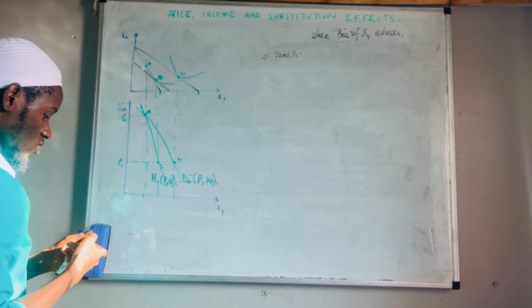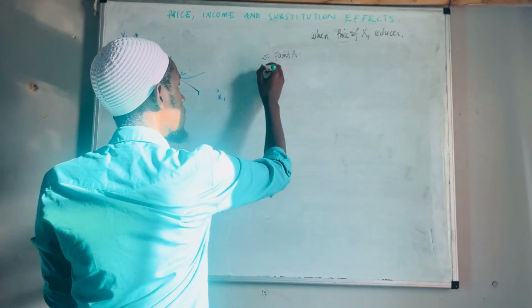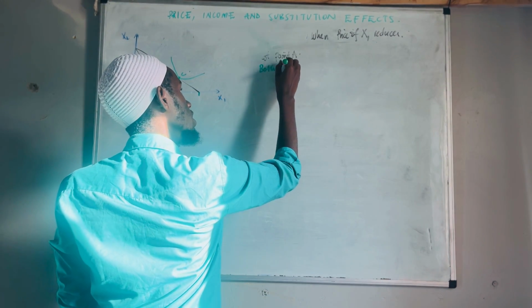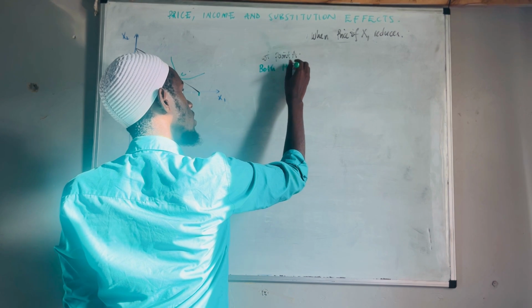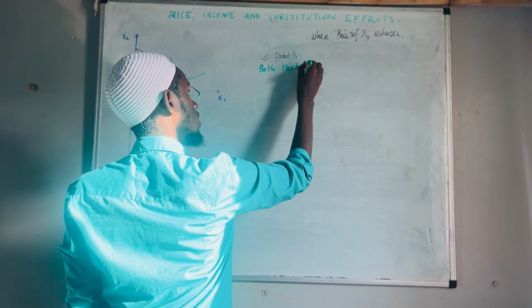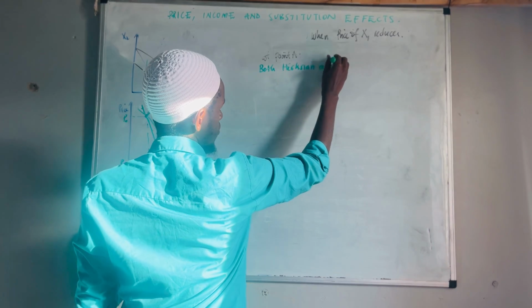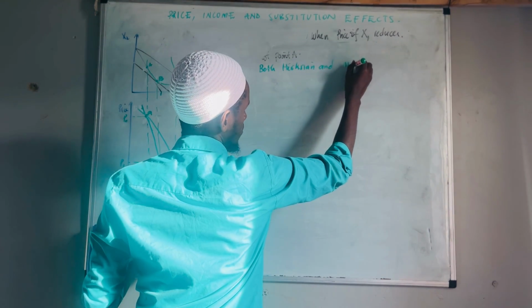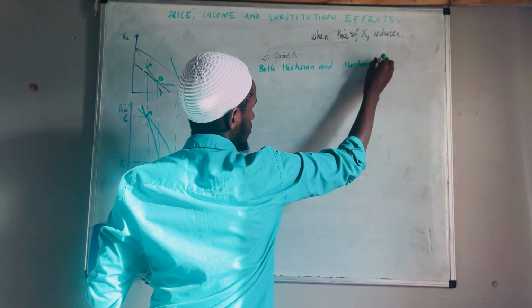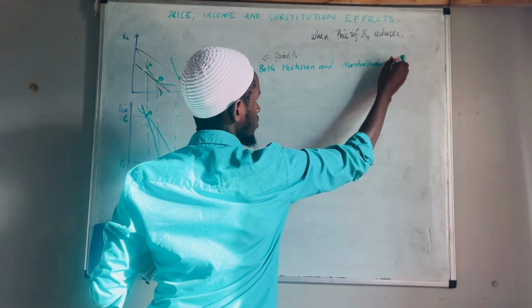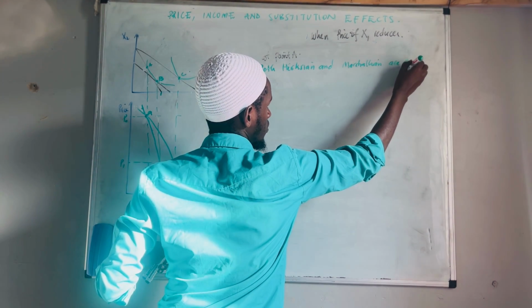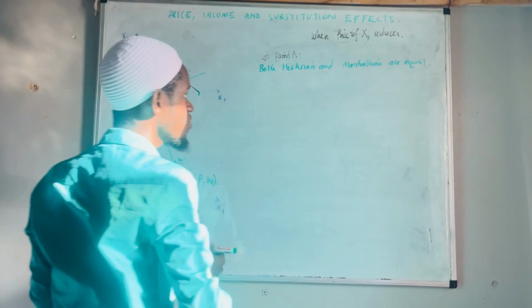I'm saying at point A, both the Hessian and Marshall demand curves are equal. Therefore, if they are equal, what happens?